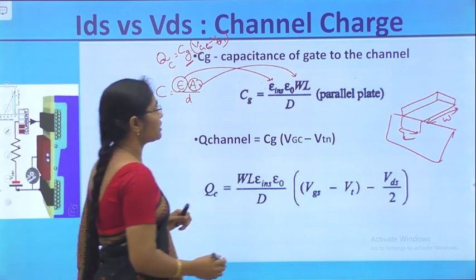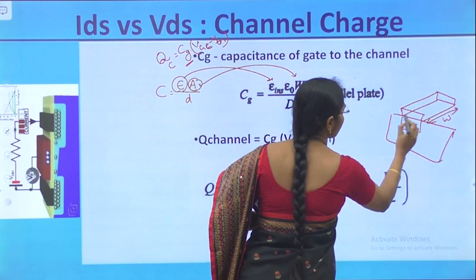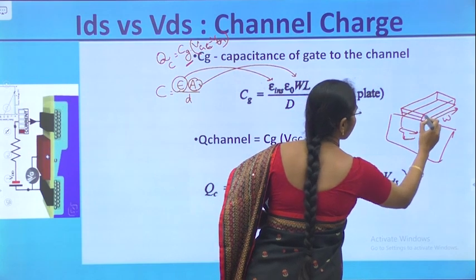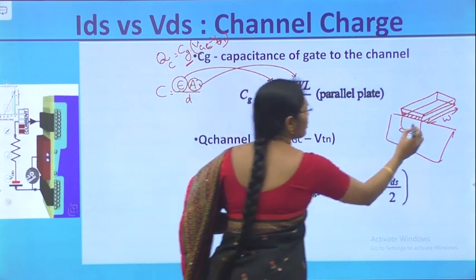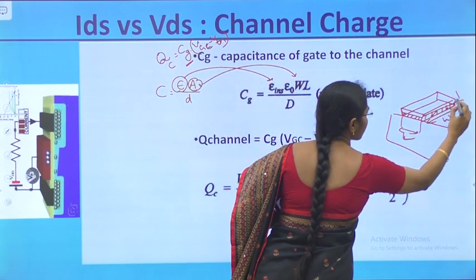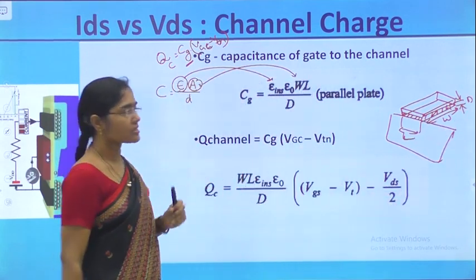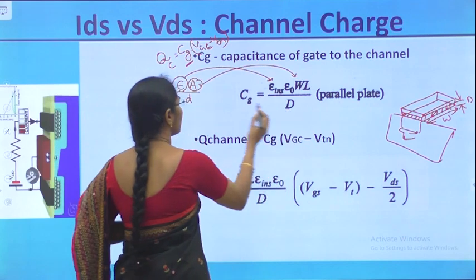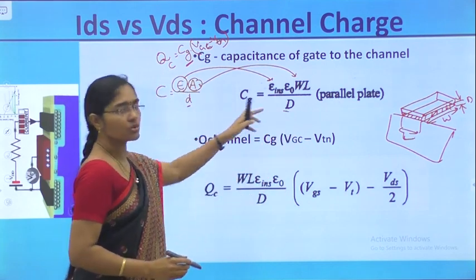Then the distance between the plates. We have already seen there is oxide between the gate and the channel, so the gate and channel are separated by oxide. This oxide has a thickness D, the height of the oxide. That oxide thickness D represents the separation gap between the two plates.